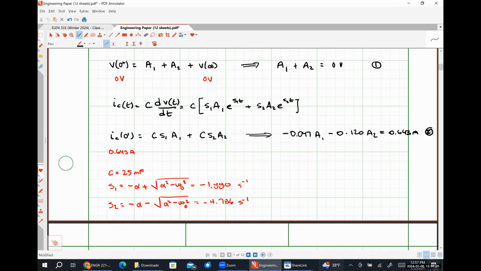That's equation 2. Solving these two equations will give us A1 and A2.